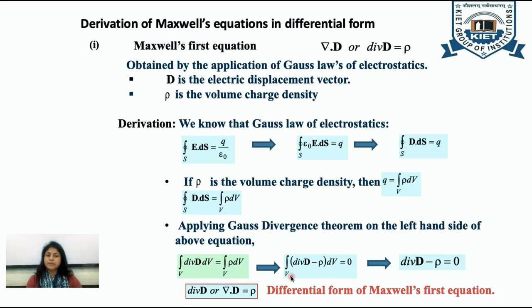Then it becomes volume integration of divergence D minus rho into dV is equal to 0. dV cannot be 0 because dV is the volume element, which implies divergence D minus rho is equal to 0. Then divergence D is equal to rho, which is Maxwell's first equation. This is the differential form of Maxwell's first equation.